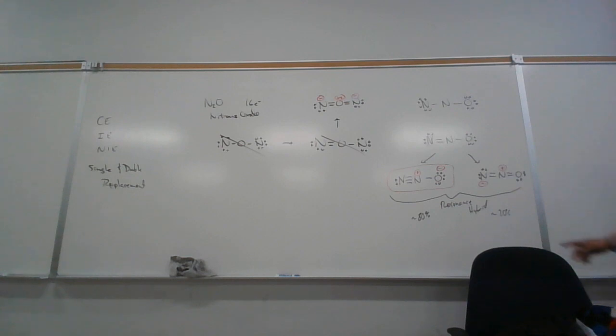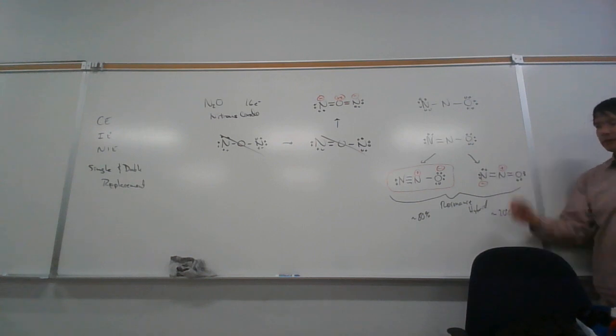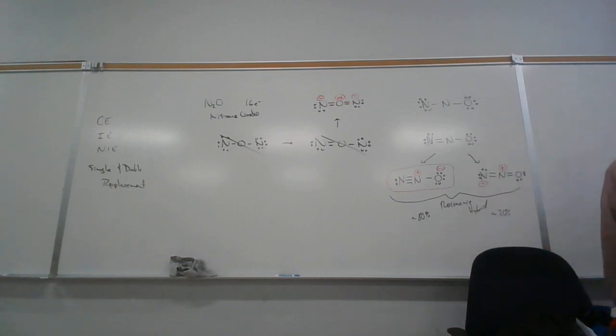Well, this was the favored one, so if you're going to draw one, this would be the best structure here. But if you start thinking about resonance and resonance hybrid, this could be a potential contributor. It's not going to be as favorable, but it's a resonance contributor. And when you go to organic chemistry, you're going to see lots of different resonance forms.